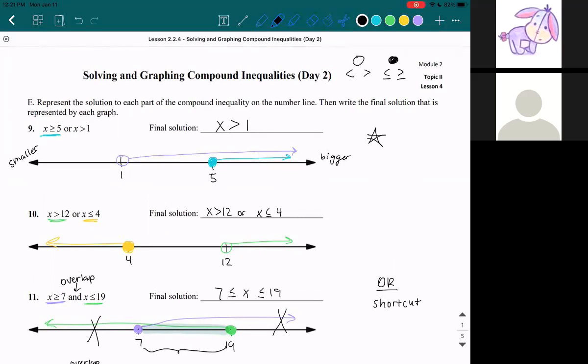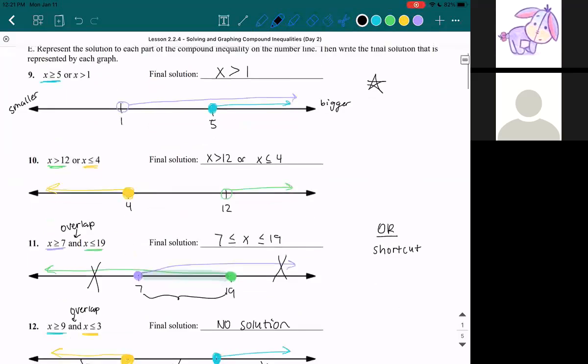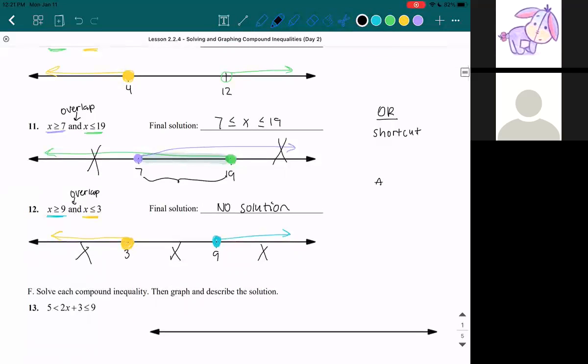That's the shortcut. That's what you do when you see or. If you can't be lazy, then don't be lazy. If you see the word and, you have to look for overlap. If there's no overlap, there's no solution. If there is overlap, you write it as a conjunction, like this. Okay? All right, I'll see you guys in the next video.